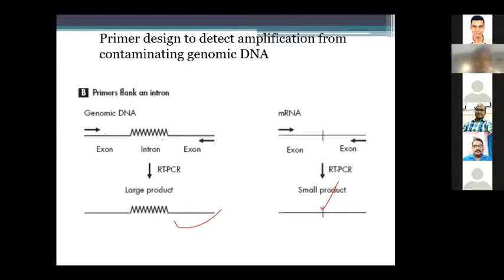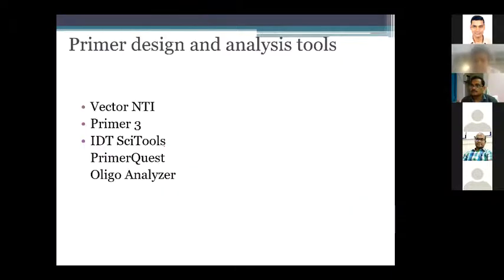So we can detect genomic DNA contamination by using a forward primer on the first exon and a reverse primer from the second exon. So always design a primer from the two exon regions so that we get a good RT-PCR product.